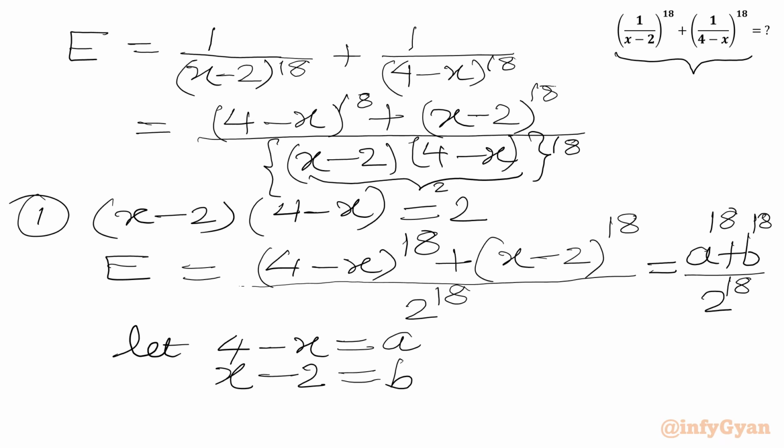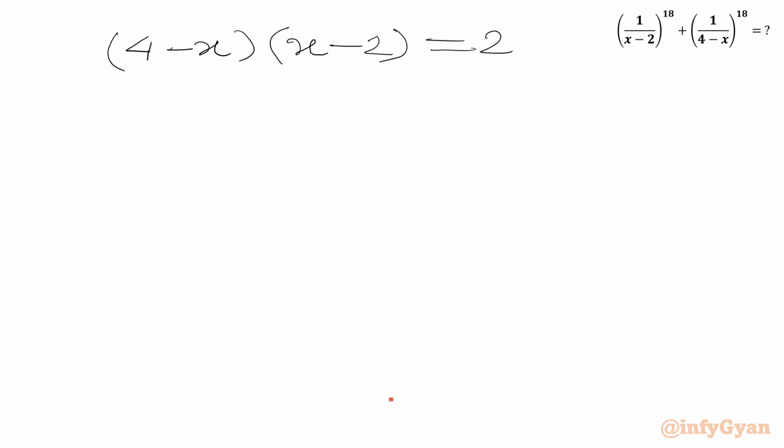Now the turn of equation number 1 with our substitution. Let me write here (4 - x)(x - 2) equal to 2. Now 4 - x was a, so we will write a. x - 2 was b, so we will write b.